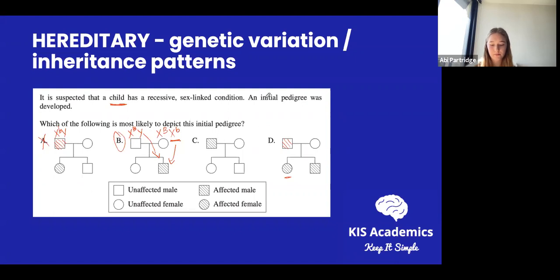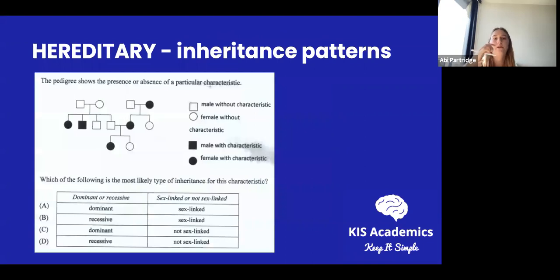And we'll go on to the next one. This one's relatively similar, but just opposite. They've given you the pedigree, and then you have to try and figure out what type of characteristic it is.